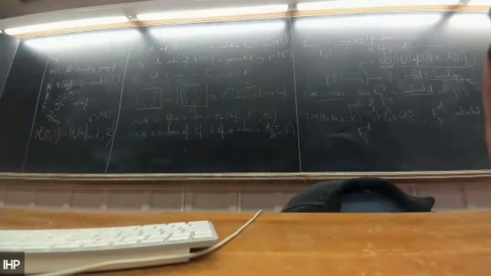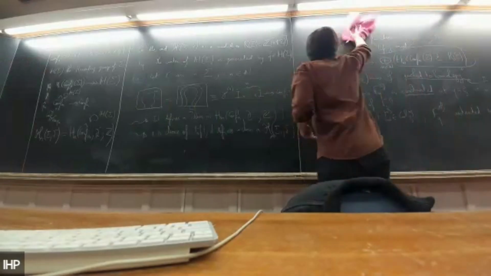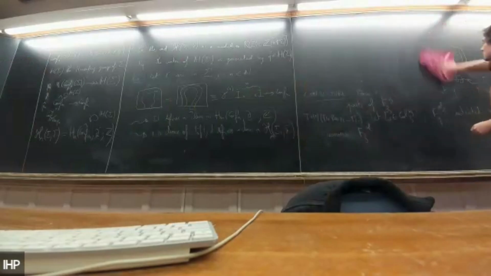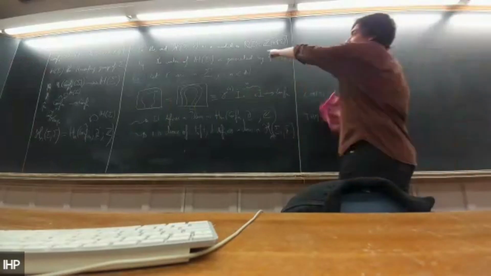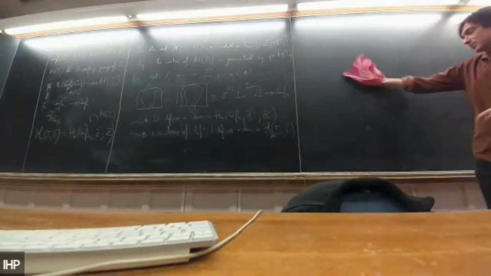So what's the dimension of this homology? Let me write a proposition. Of course, this homology is infinite dimensional because it's an infinite cover. But you can regard it as a module over this, and then you get a finite dimensional assumption.